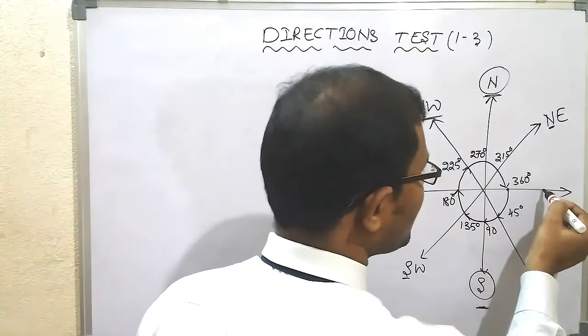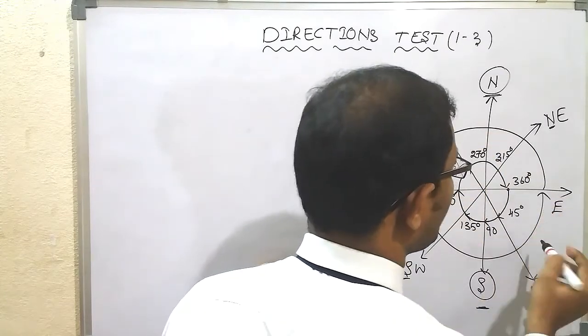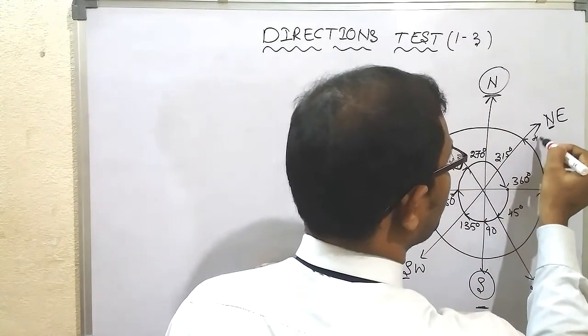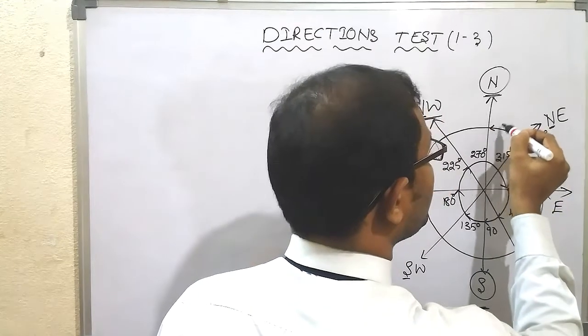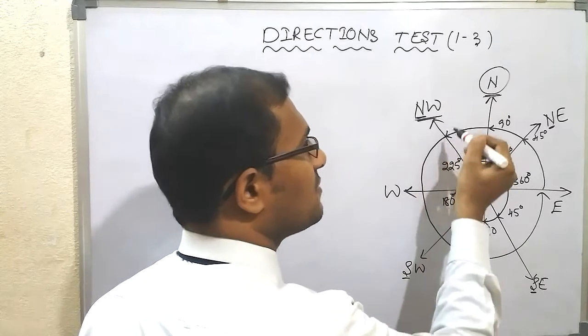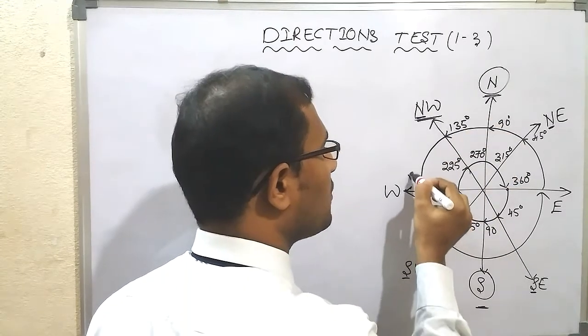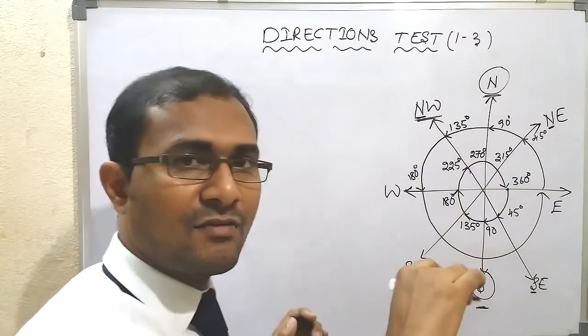The same condition is applicable in the anti-clockwise direction also. Up to here it is 45 degrees, up to here 90 degrees, up to here 135 degrees, and 180 degrees in the anti-clockwise direction.